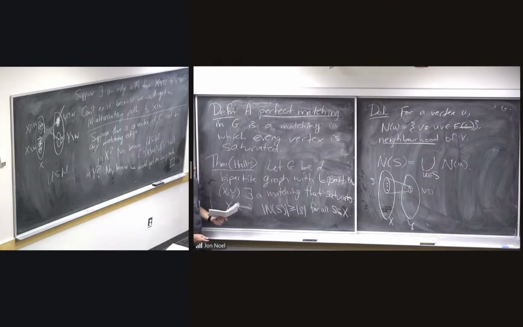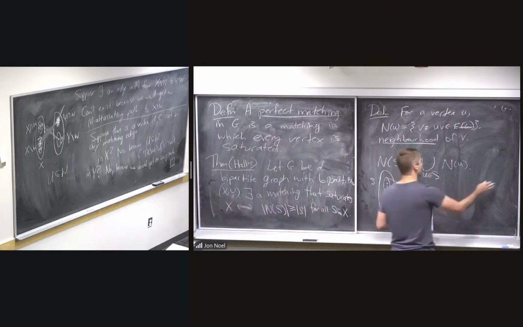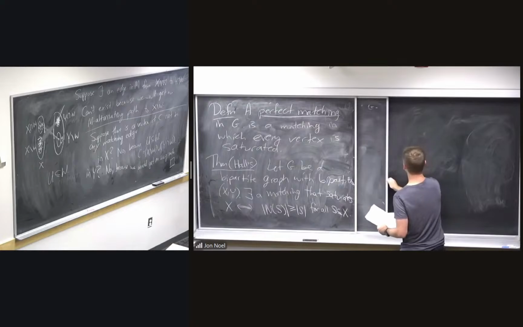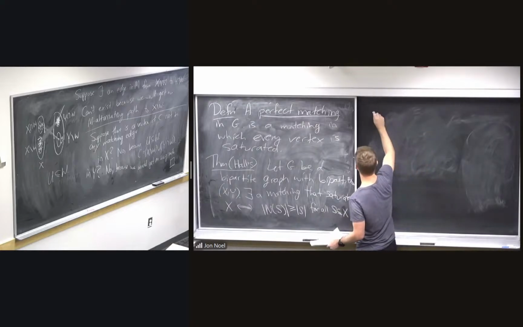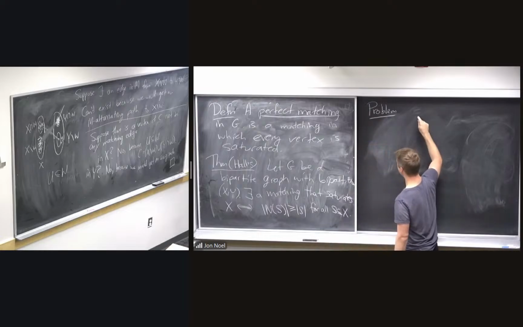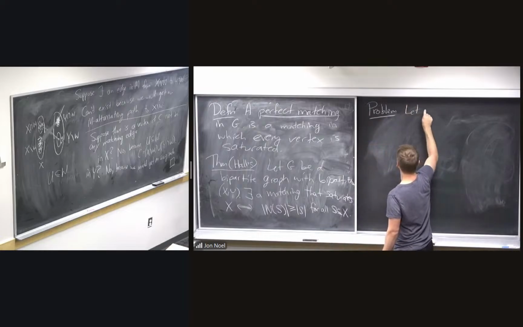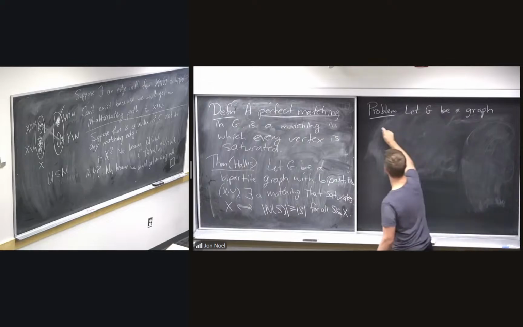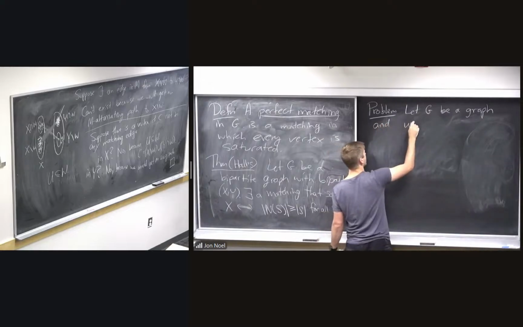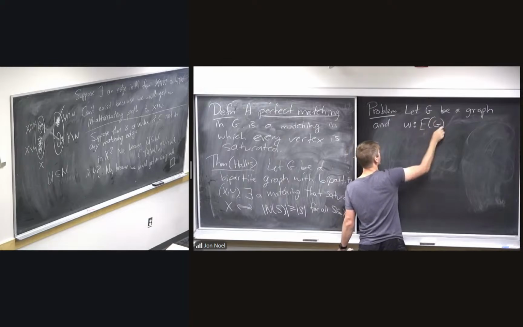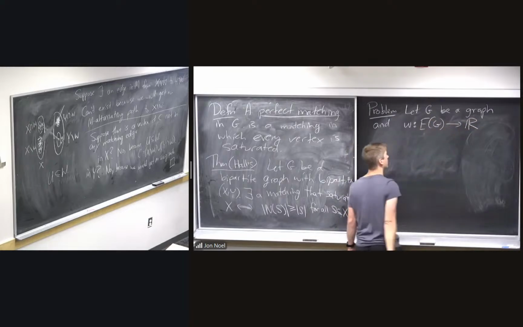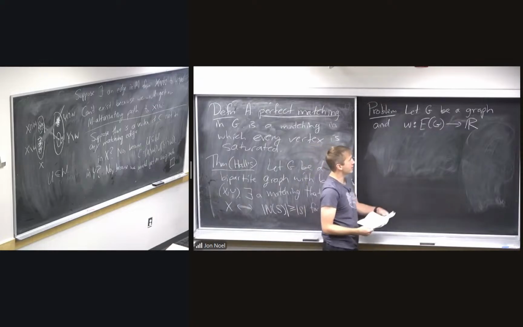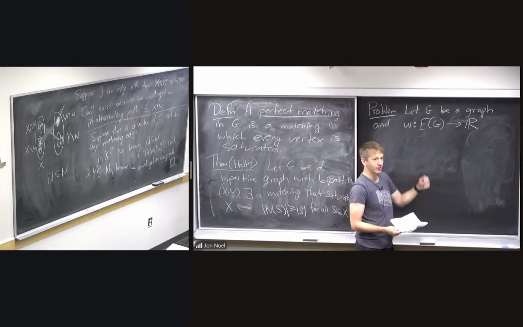Okay. So the next topic we're going to think about is getting a maximum weight perfect matching. Here's a problem, which we'll talk about how to solve next time. Let G be a graph, and let W be some kind of weight function, which sends every edge to a real number.